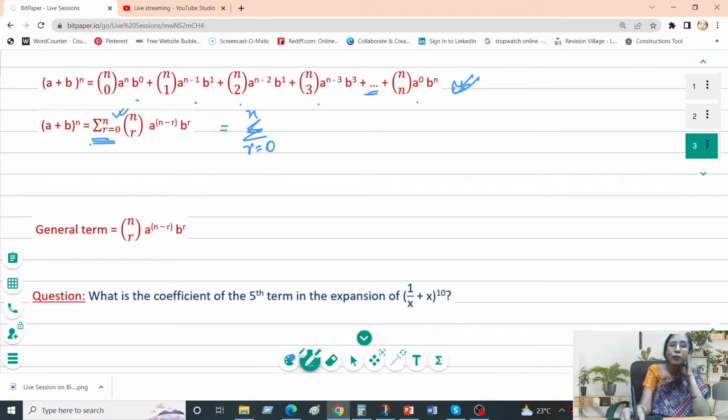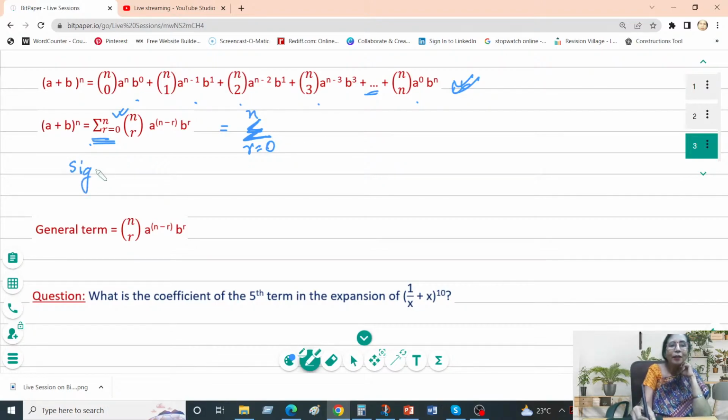This is known as sigma, a Greek letter, which means summation.